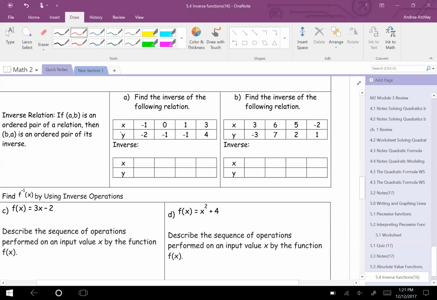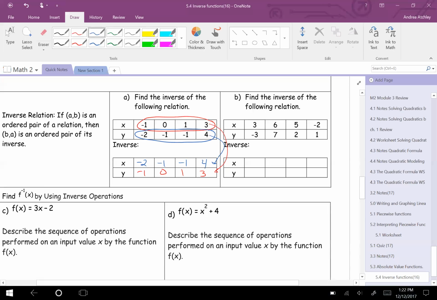So if I have this as my function, or my relation in this case, the inverse is just me taking the x values and making them y values now, and doing the same with the y's. -2, -1, -1, and 4.